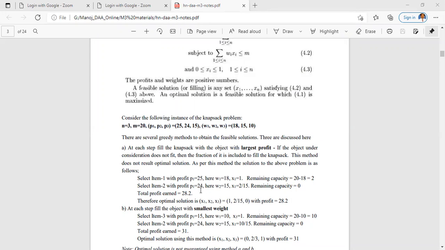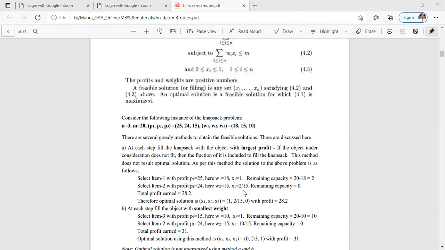It is 24. So 24 into what is x2? It is 2 divided by 15, plus what is P3? P3 is equal to 15.